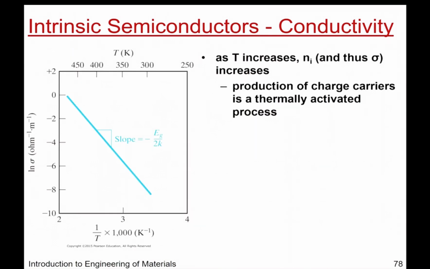And thus, if it's an Arrhenius type relationship, if you plot the natural log of conductivity as a function of reciprocal temperature, 1 over T, you'll see that it looks exactly like the diffusivity problems that we had discussed in the diffusion module, right? Or rates of oxidation, things like that. They're all thermally activated. So then you can calculate what the band gap is by taking the slope of the line that you have.